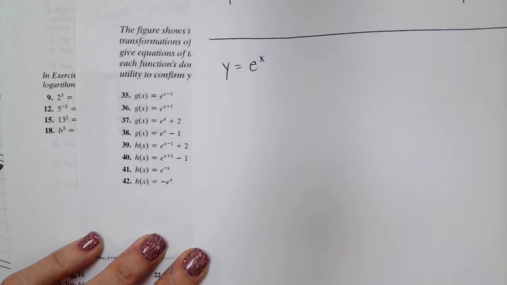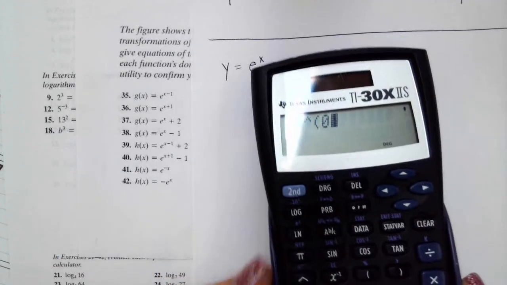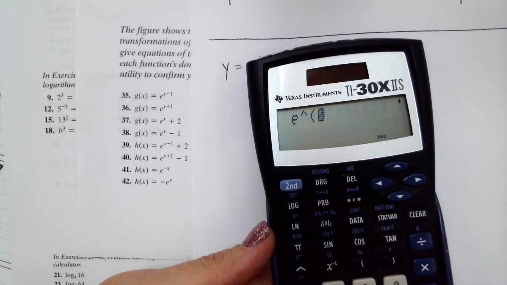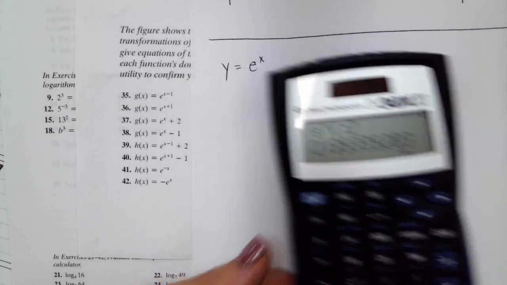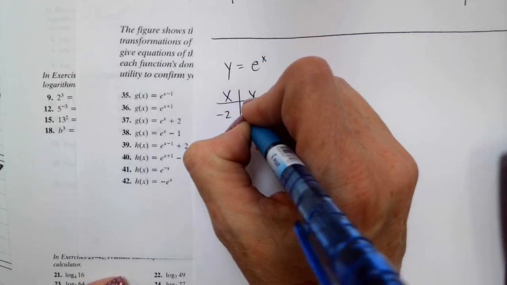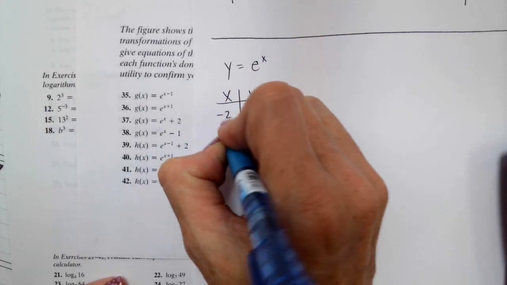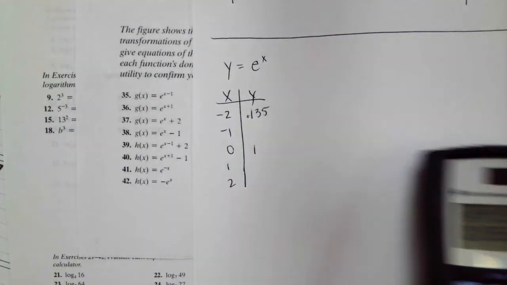So using a calculator, I can easily figure out what the e to the x values would be. So e to the negative 2 is 0.135. We got negative 1, 0, 1, 2. I know anything raised to 0 is just 1.